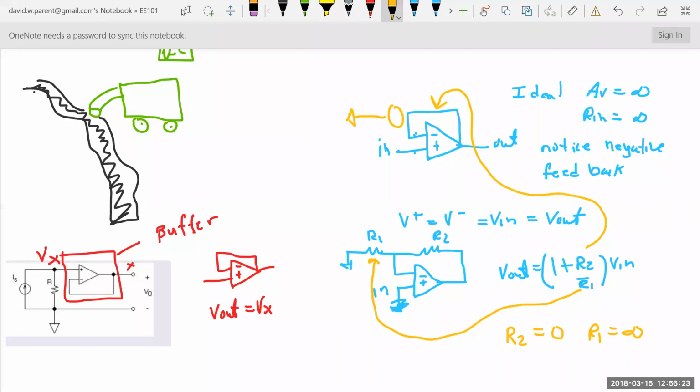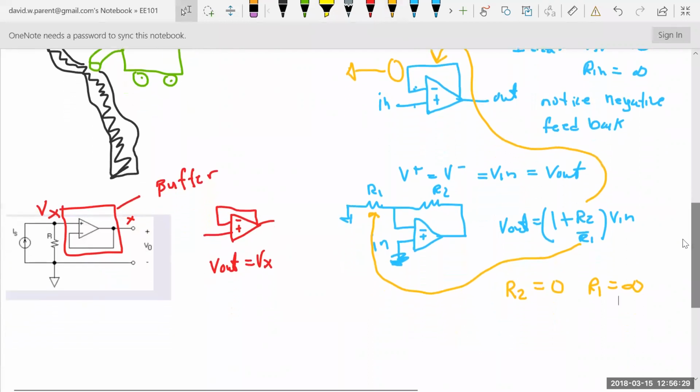Or very, very big. All right, well, let's substitute that. V out equals 1 plus 0 divided by infinity, Vn, equals Vn, right?